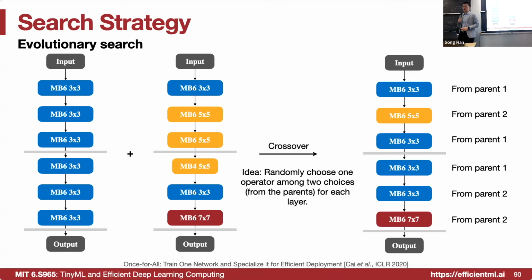So some of them are coming from parent 1, some of them are coming from parent 2. We are going to implement and experiment with such evolutionary search in lab 3, and observe the accuracy keep increasing using such evolutionary search methods.